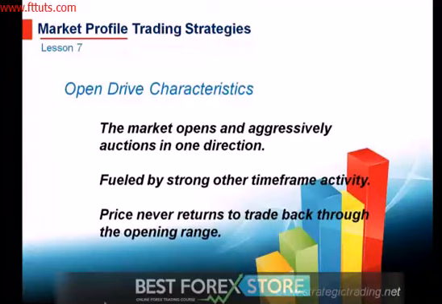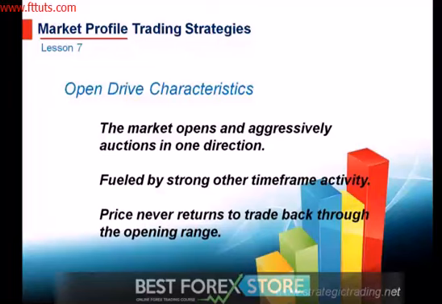All right, what are the open drive characteristics? I'll talk about them a little bit, and then I actually think the best way is to see them. So we're going to look at some charts together. Here's what happens when you get an open drive. The market opens and aggressively auctions in one direction. So if it's going up, it's going to auction up very, very quickly. So you're going to see a very quick spurt in one direction.